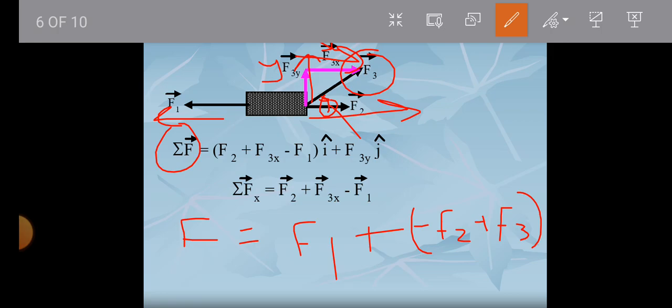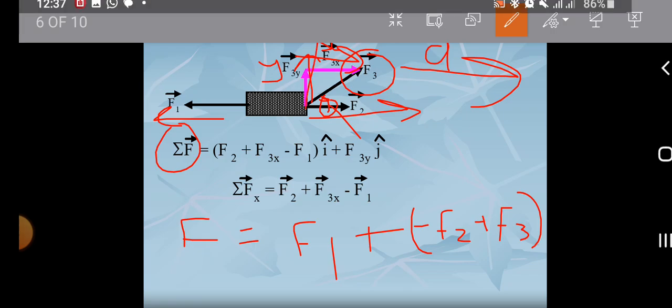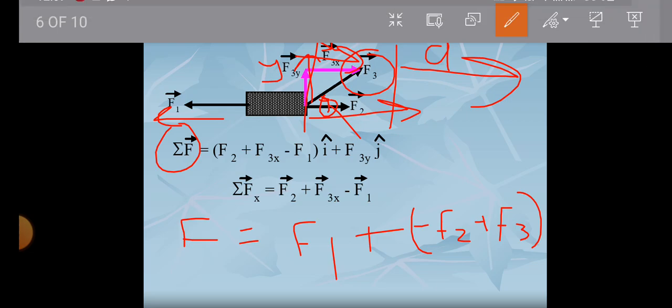Let us look at that diagram there. Let's assume that our object is moving in that direction, which is our acceleration. Because I don't get the magnitudes, we can't see which one is greater than the other. So let us assume that the forces on this side are greater. So when the forces on this side are greater, it means that when I add F2 and F3, I subtract F1, because F1 is going in that direction alone.